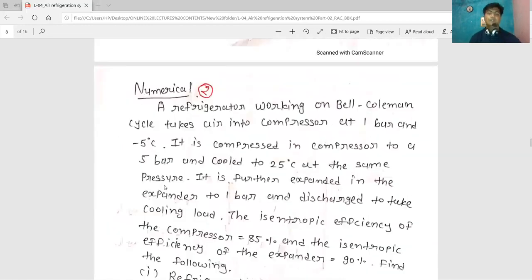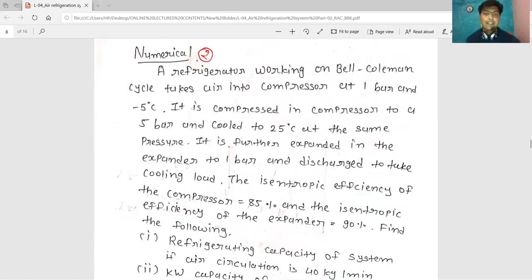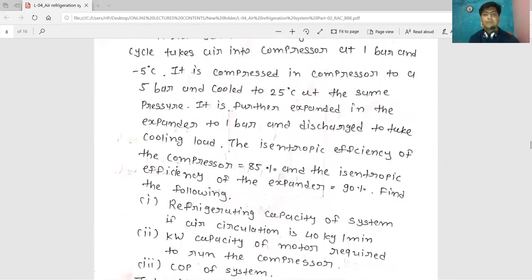The main thing in this numerical is that the isentropic efficiencies of the compressor and turbine are given, 85% and 90% respectively.